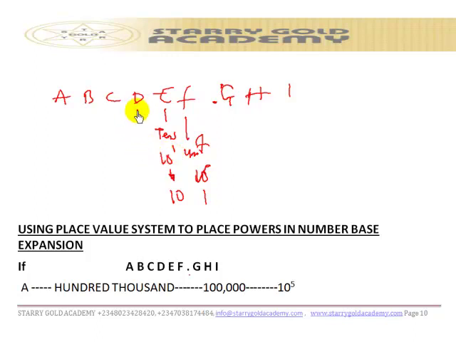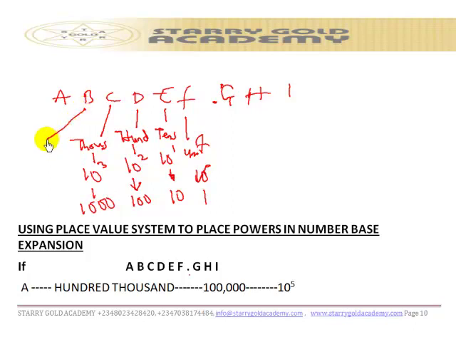My D is my hundreds. My 100 is 10 raised to power 2, and that's 100. C here is my 1000. A 1000 is 10 raised to 3, and that's 1000.